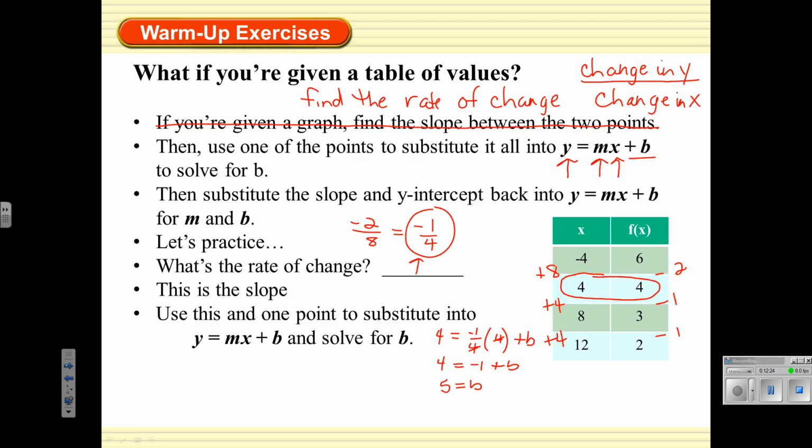So my y-intercept would be 5. So use m and b to write the equation. So my equation would be y equals negative 1/4 x plus 5. So there's my practice. You can stop the video and do the guided practice on the back.